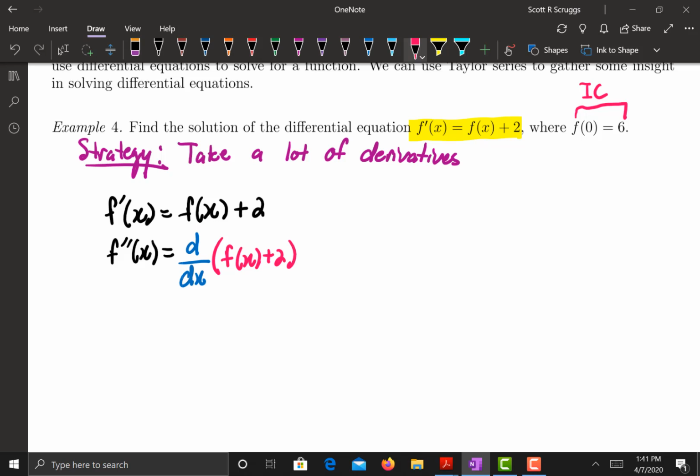Now 2 is a constant, so that's going to go away. But f is a function that I can take as many derivatives as I want. So I just get back to f prime of x, which we know equals f of x plus 2.